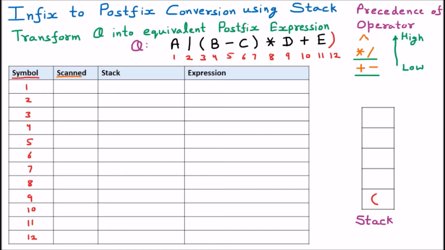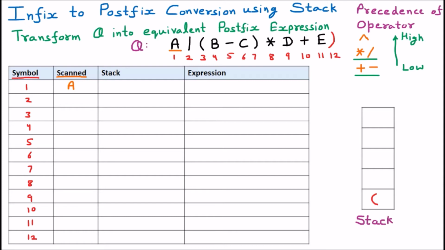Corresponding to the symbol which we are scanning, on the first symbol we have A. Now A is scanned. We should understand one thing: as per the algorithm, when converting from infix to postfix, all the starting brackets and all the operators will be pushed onto the stack, and all the remaining things, like A, B, C, D, will be put directly into the expression.